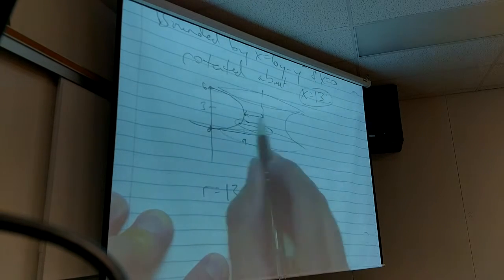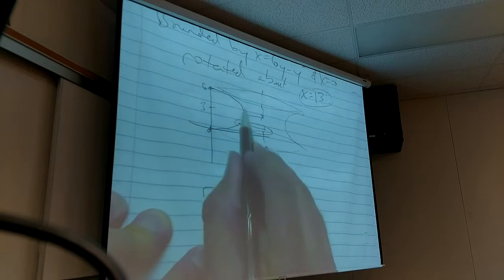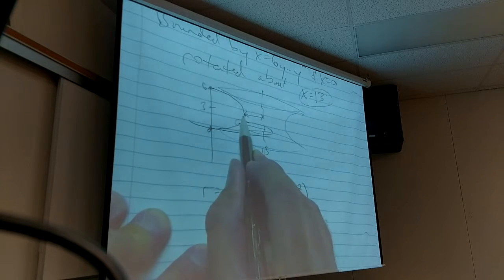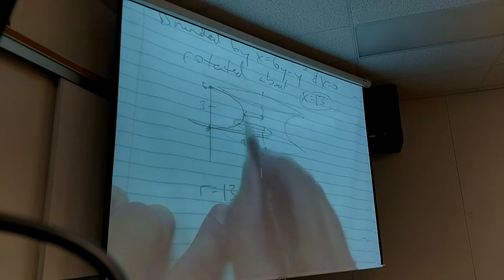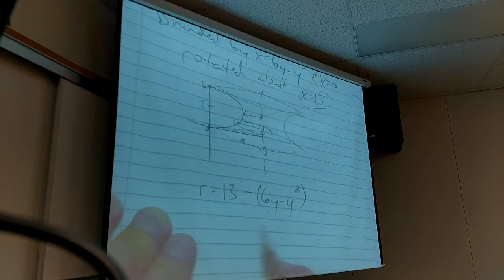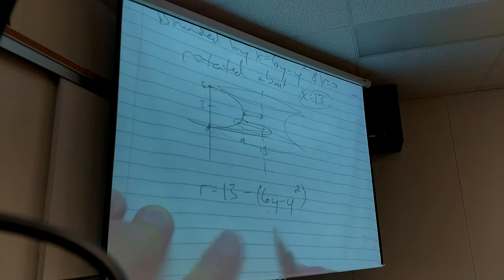How far apart are they supposed to be? Right there. Because that goes out to what? That goes out to 9. That's 13. So how far apart are they? 4. So when I put a 3 in here for y, the answer should be 4. And of course it will, because when I put a 3 here, I get 9. 13 minus 9 is 4.